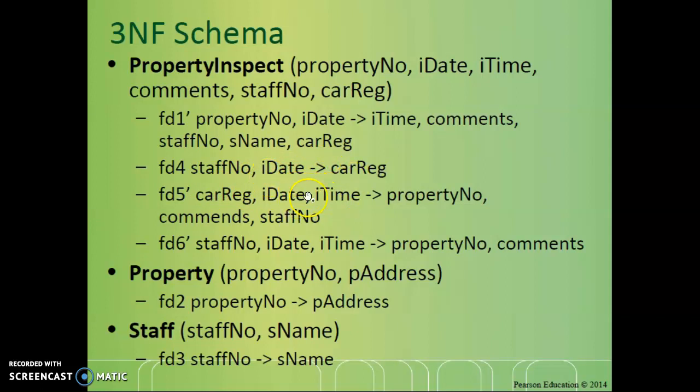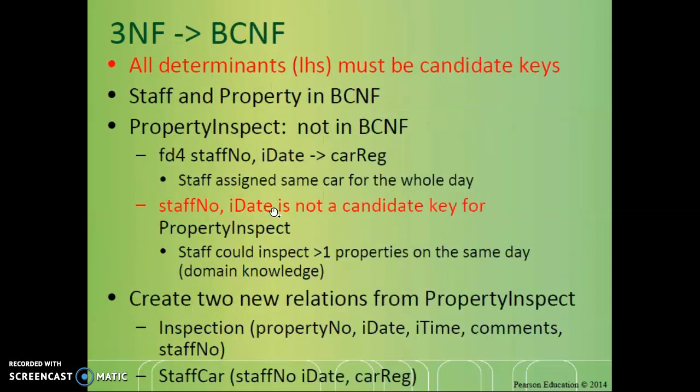So to transform the property inspect table into BCNF, we must remove the dependency that violates BCNF by creating two new relations, called staff car and inspection. So what are the attributes we have?